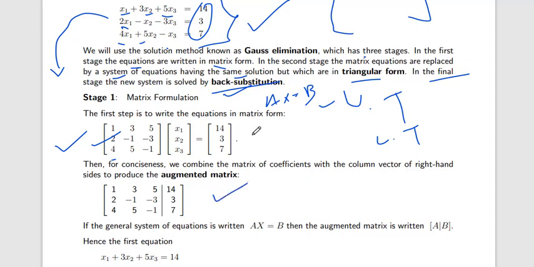Because whenever we require addition or multiplication, we will not write the whole form, which is lengthy and time consuming. So we convert it into an easy form, the same matrix but as an augmented matrix: 1, 3, 5, 2, -1, -3, 4, 5, -1, and 14, 3 and 7, removing the x1, x2 and x3.